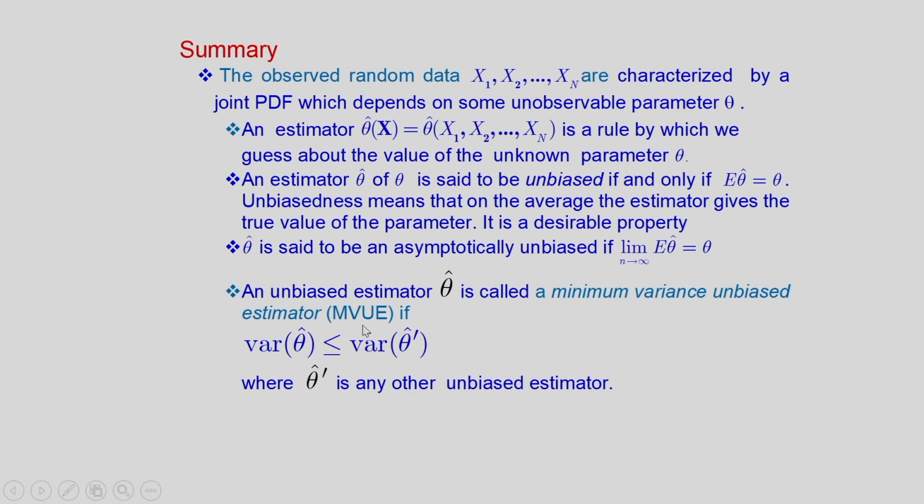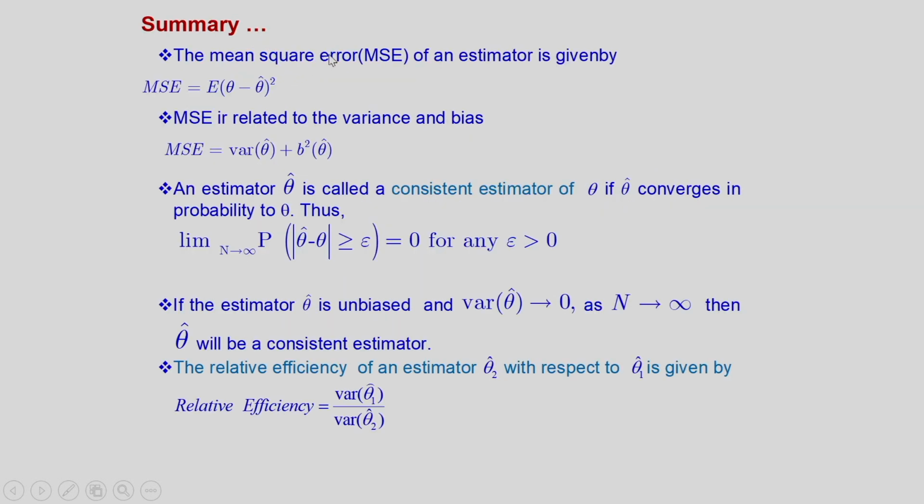We also discussed the mean square error, MSE, of an estimator, given by E of theta minus theta hat whole square. MSE is related to the variance and bias by this relationship: MSE is equal to variance of theta hat plus bias of theta hat square.